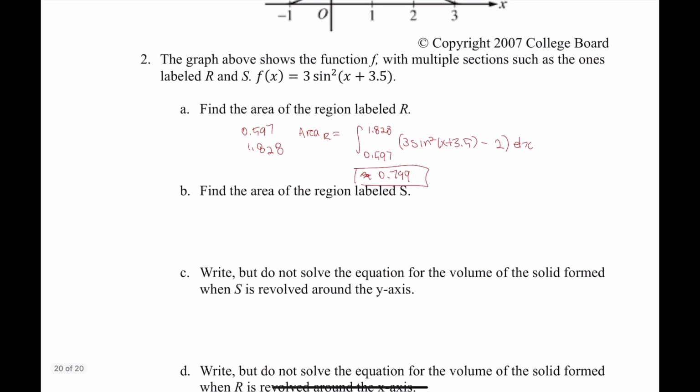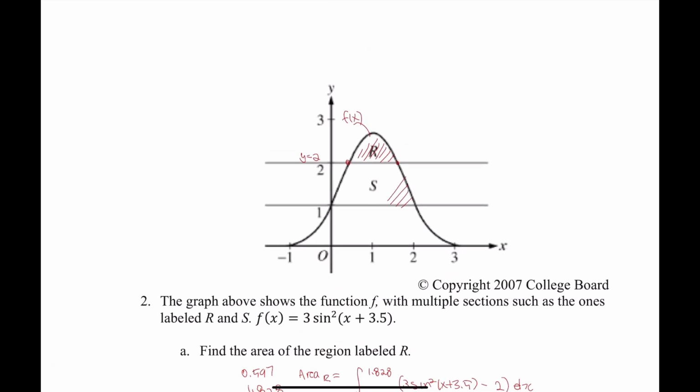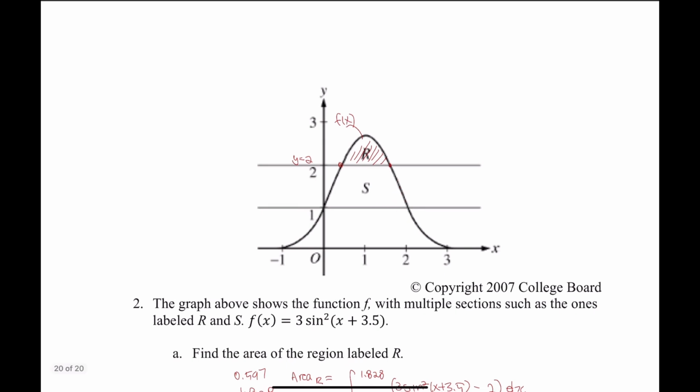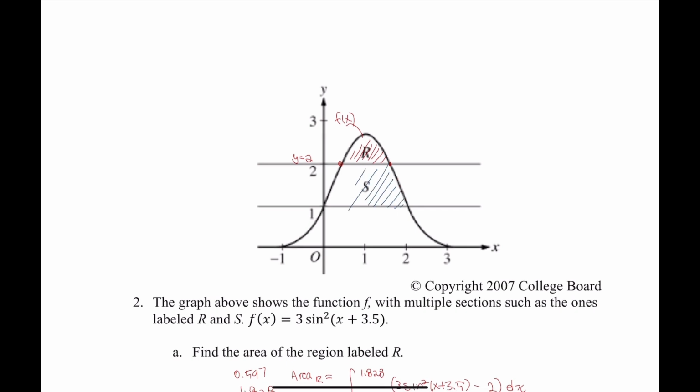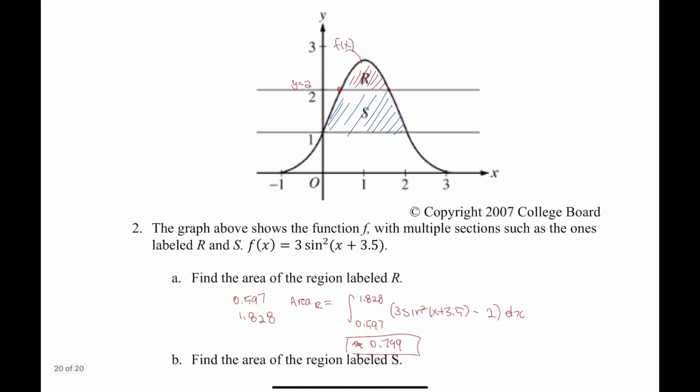Alright, and then it says find the area of the region labeled S. So this one might be a little bit tricky. You might be lost, like, I don't really know how to do this one. It's pretty interesting actually, because you don't have the function in terms of y, so you can't use y equals 1 and y equals 2.